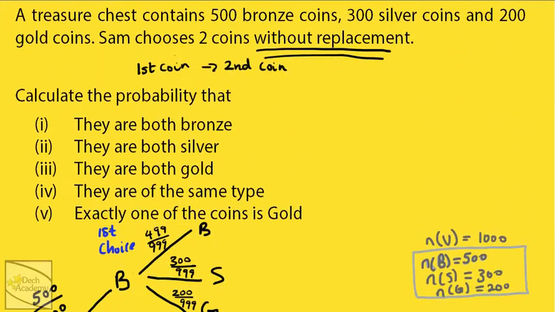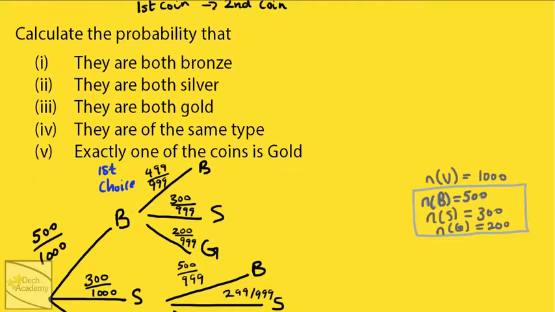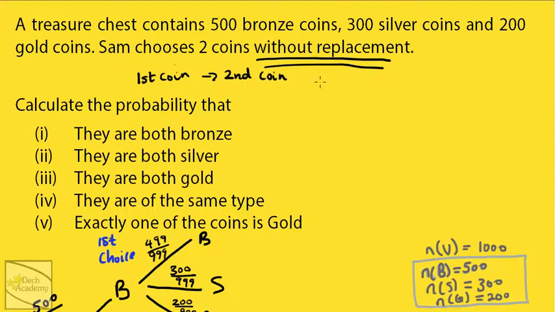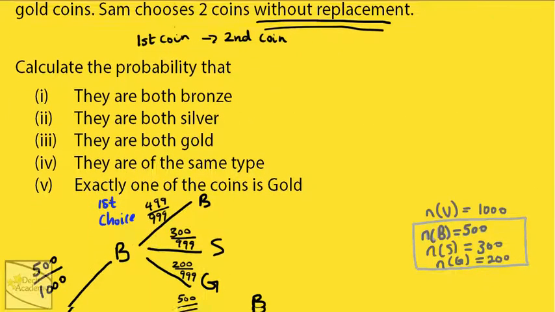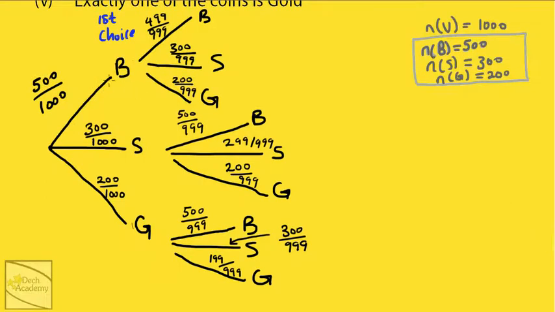So now to the actual questions. We know Sam chooses 2 coins. Now we need to find the probability that both coins are bronze. Both coins are bronze, meaning he picks bronze, so that's this first branch, and then he picks bronze again.